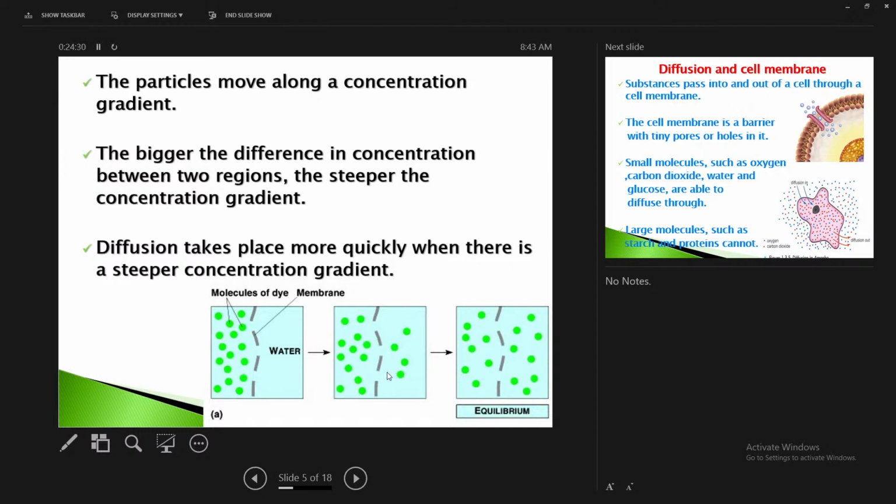Comparing the second box versus the first one, I'm going to count the left side of the first one: 4, 6, 8, 10, 12, 14, 16. So we have 16 green dots on this side, while on the right side we have none. So that's a difference of 16.